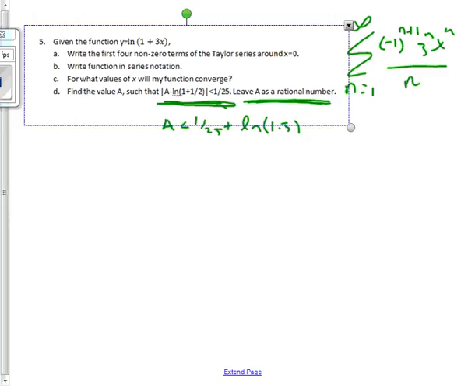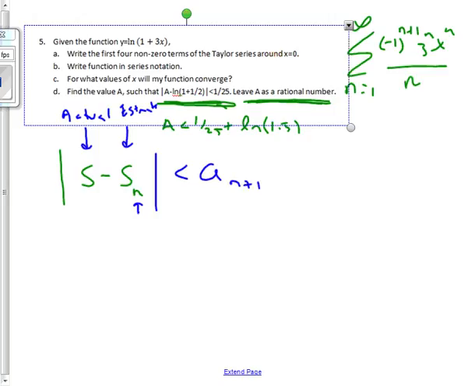And what we know is that if we're using just a finite number of terms, like n terms, the actual value minus our estimate, the absolute value of that, is going to be less than our n plus 1th term. And that's when a series is alternating.